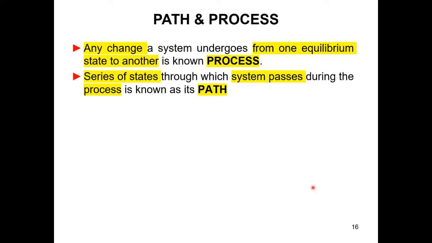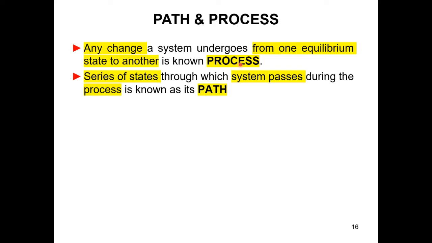There's another term called path and also process. So what are path and process? Any change the system undergoes from one equilibrium state to another is known as a process. Earlier we saw that equilibrium means no more naturally changing condition. Let's say you have water and you blow on it.